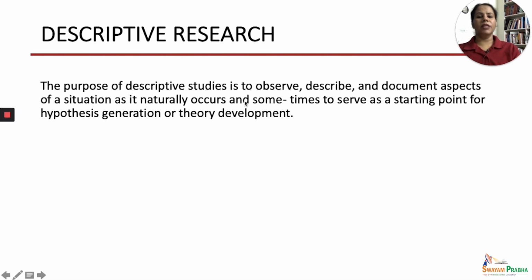That is observed, described and documented, and sometimes serves as a starting point for hypothesis generation or theory development, because we are studying a phenomenon and trying to describe it. Through that description, we may be able to generate some hypotheses, or develop a theory based upon that description of that particular phenomenon. These types of designs are the descriptive research designs.